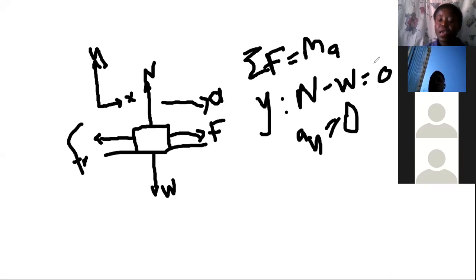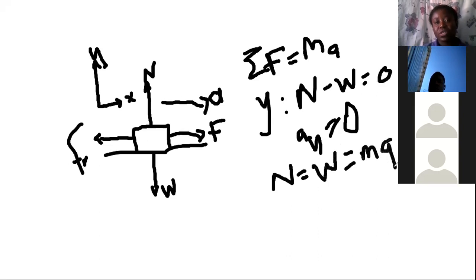So solving for the normal force, the normal force is equal to the weight. And we know the weight is mass times gravitational acceleration. This is what we have in the y direction.